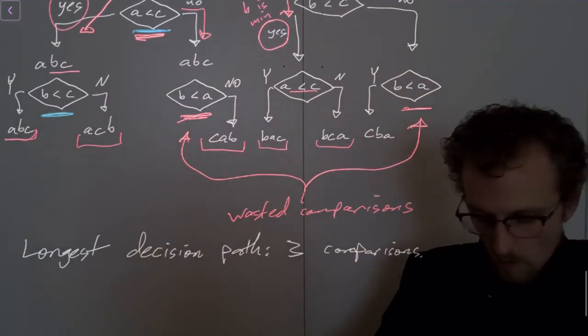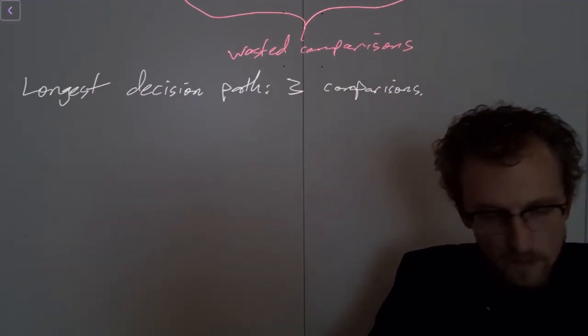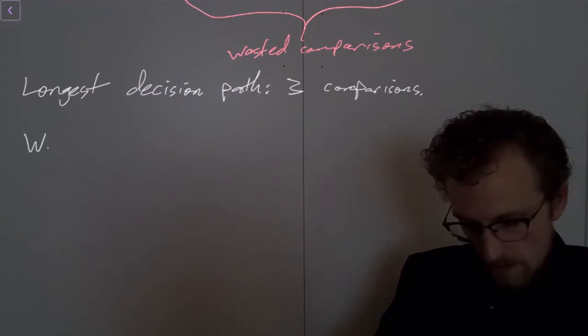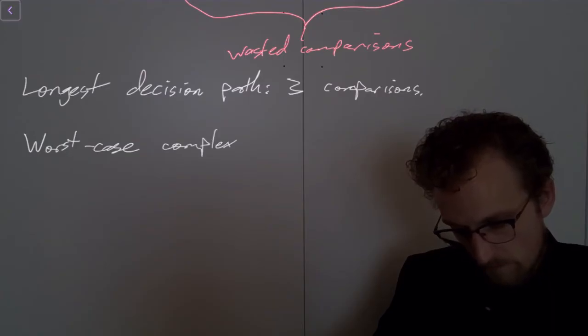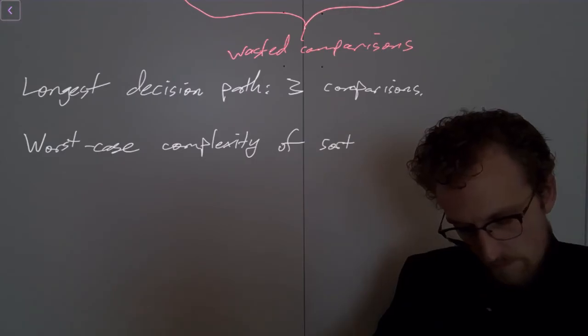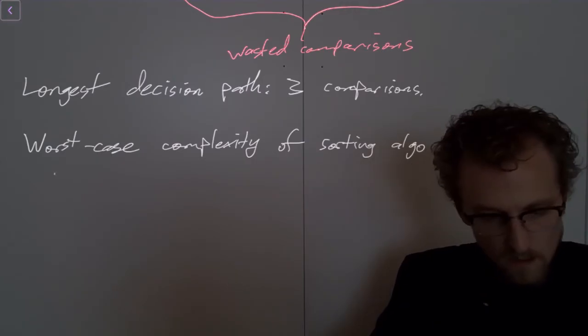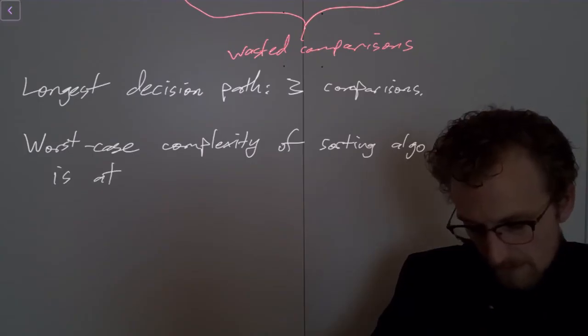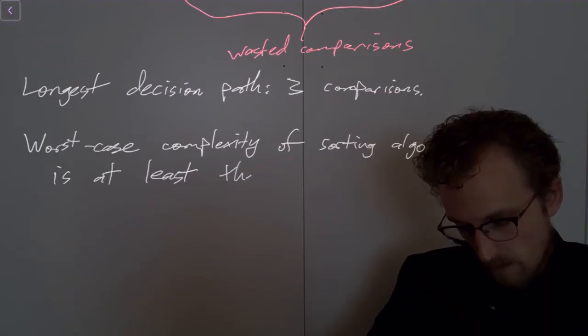So in a more general sense, what we can say is that the worst case complexity of a sorting algorithm has to be at least the height of its decision tree.